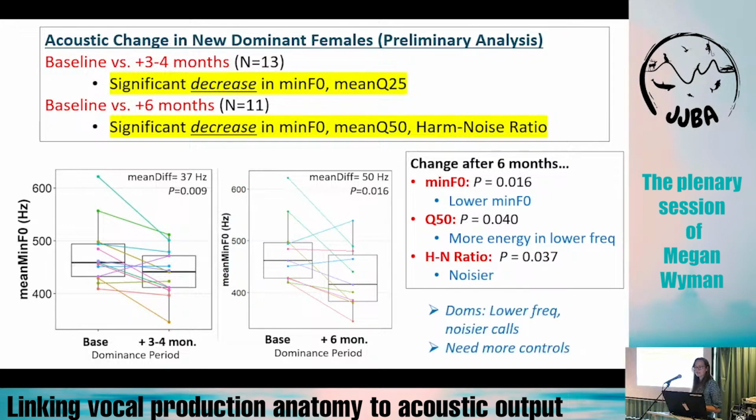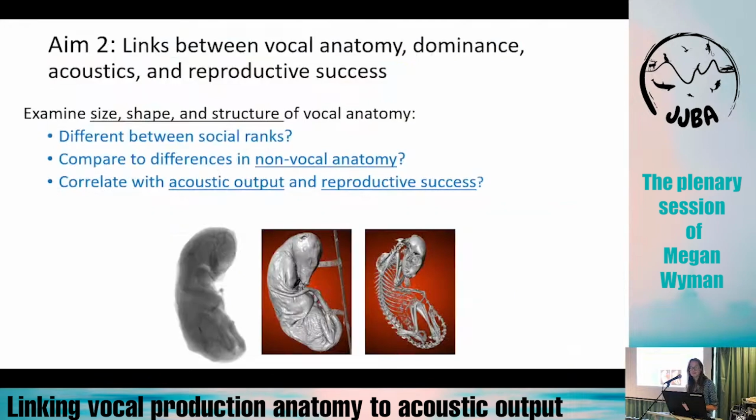We also see Q50, so there's more energy in the lower frequencies. That's significant now after 6 months. And then the harmonic to noise ratio says that there are noisier calls. So we have dominant females, which are lowering in frequency and getting noisier calls, but we need more of the controls to confirm this.